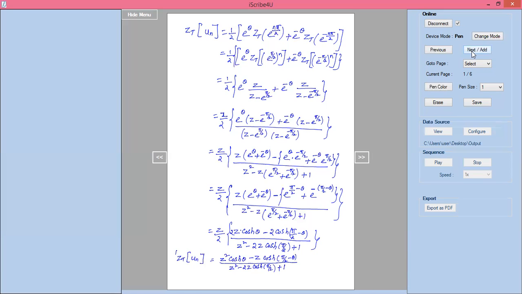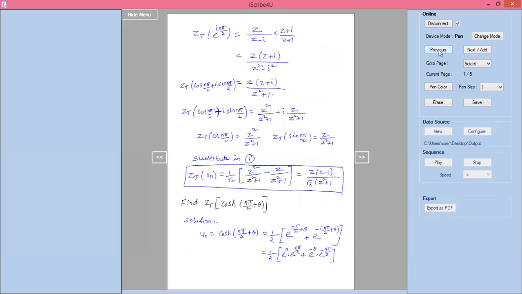So which is the required solution for the given equation? What is that un? We know that un is nothing but cos h n pi by 2 plus theta.